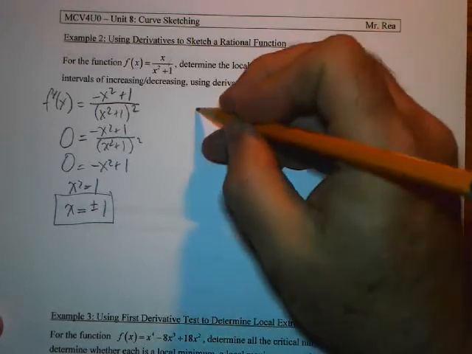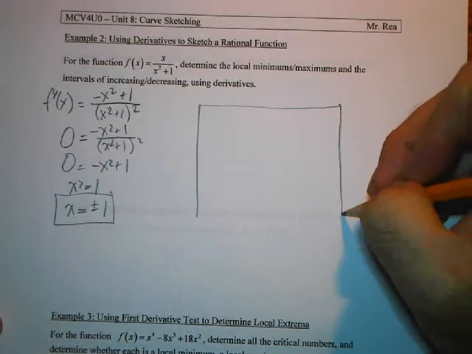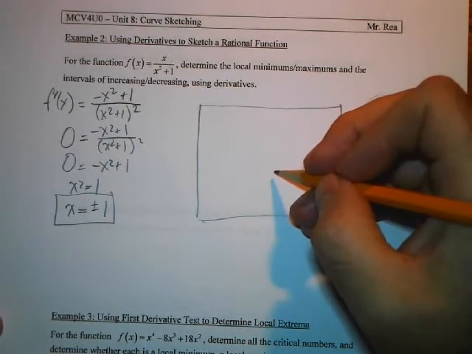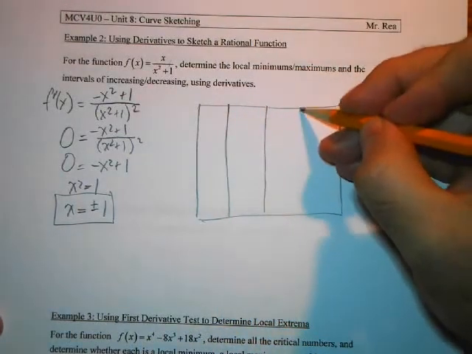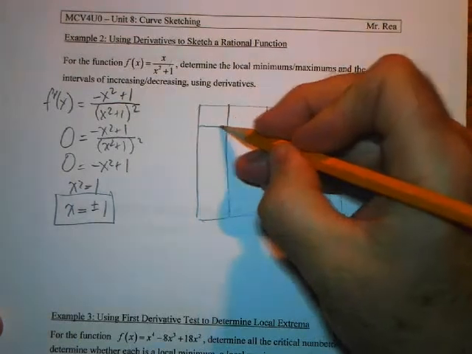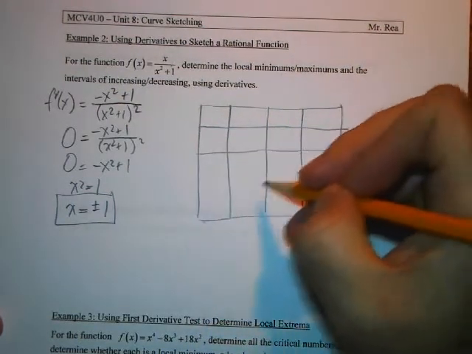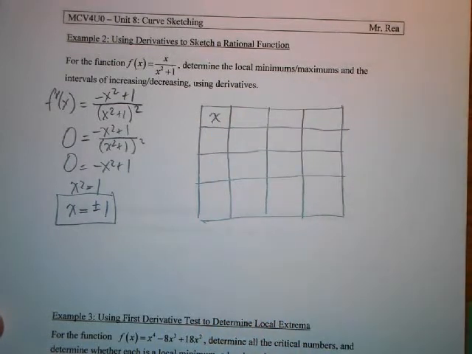So let's do our table here. It'll be the same size as before because we have two critical points again. So I'm going to have 4 columns and 4 rows, I guess, too. Okay, so the top will be my values of x.